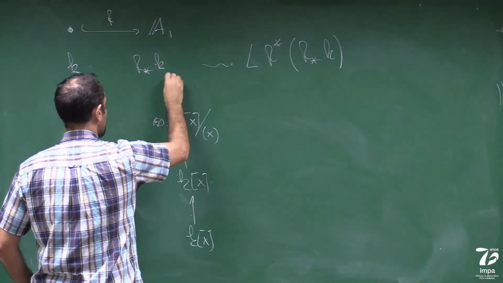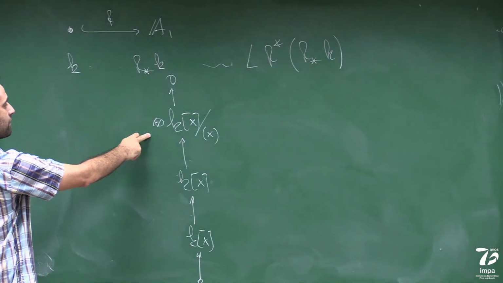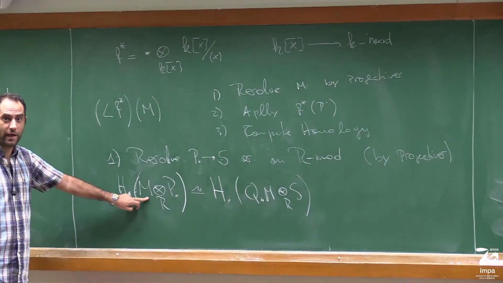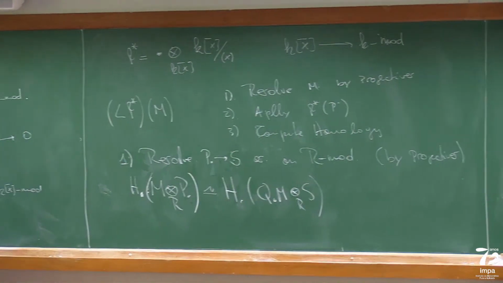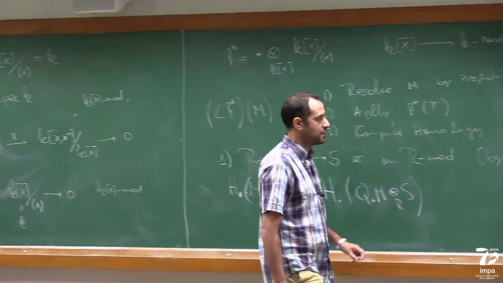This is the resolution. So I'm going to tensor it with what? Well, I need to tensor it with the module that I want to pull back. In this particular case, I want to pull back this guy, the push forward itself. So I'm going to tensor it with that.